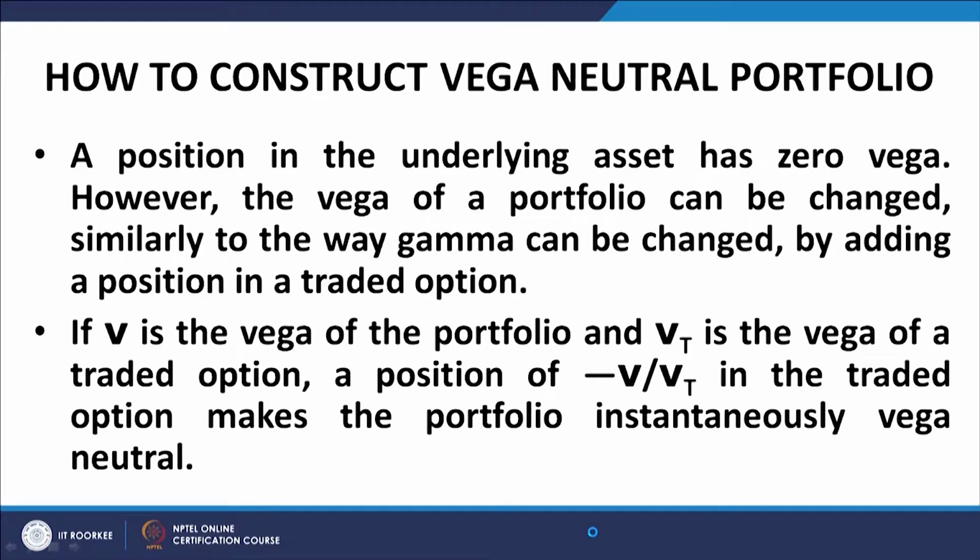So, now how to construct a Vega neutral portfolio? Well, in the last lecture I explained how to construct a delta neutral portfolio. The procedure for constructing a Vega neutral portfolio is exactly parallel in fact. For the delta gamma neutral portfolio, what did we do?